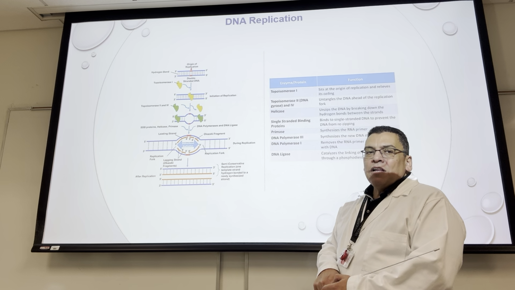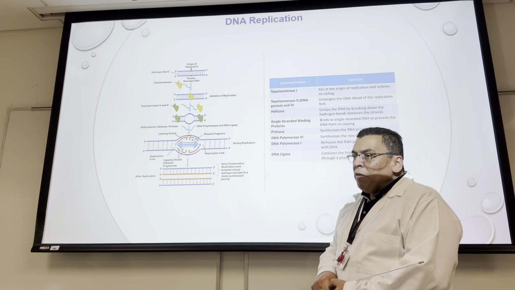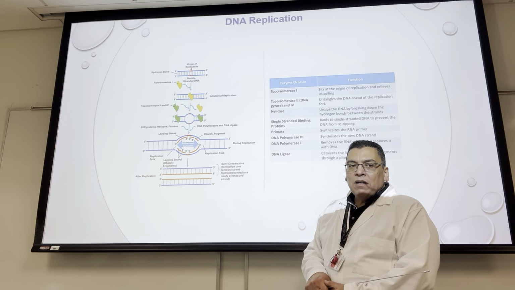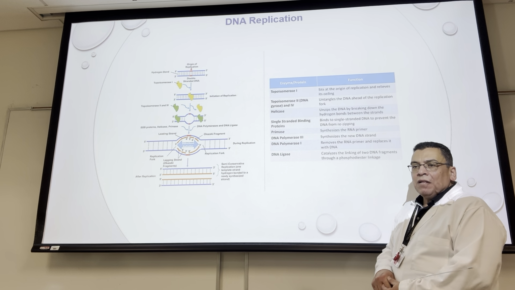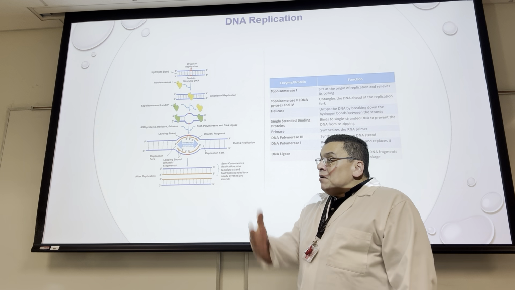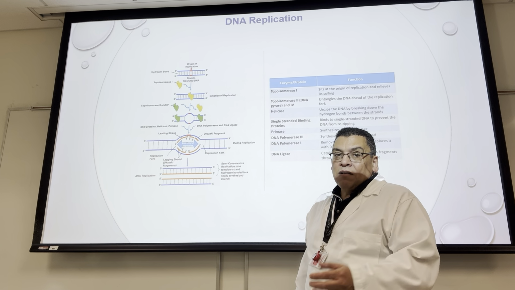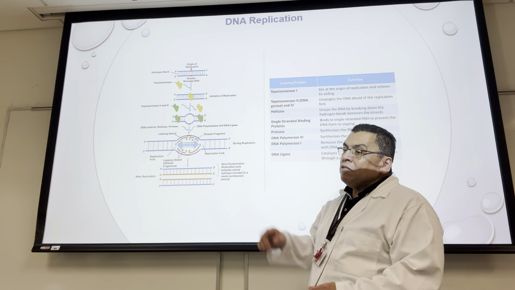So the first thing your cell is going to do when it divides is duplicate the DNA, copy the DNA. Bacteria is the same. Right before it undergoes binary fission, it's going to copy its DNA too.